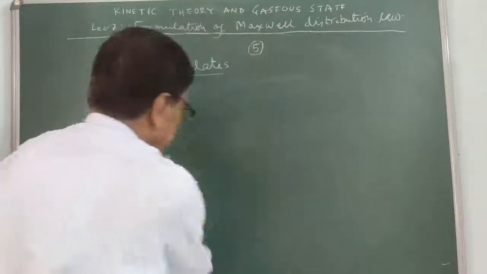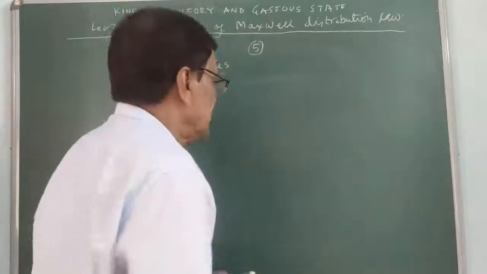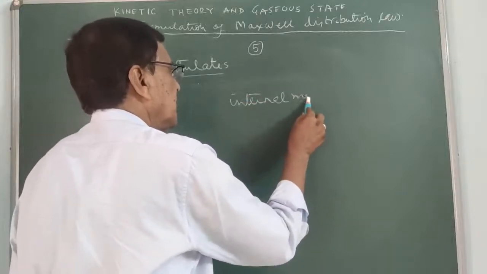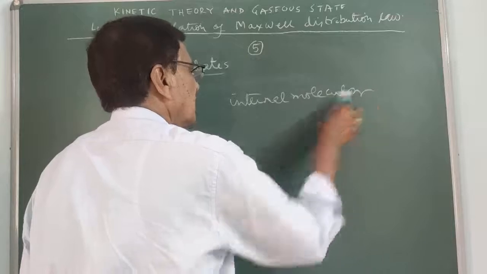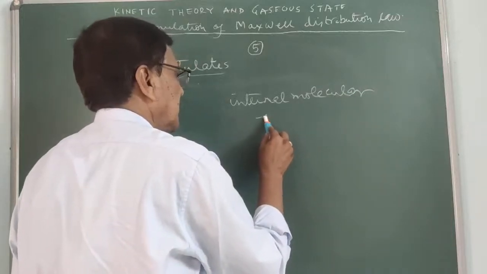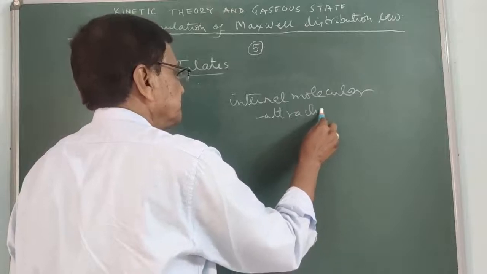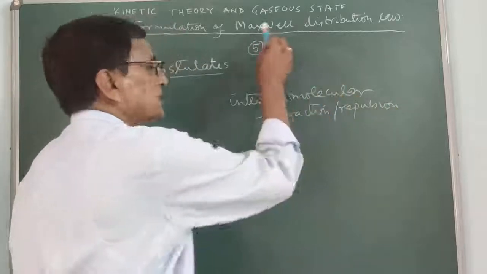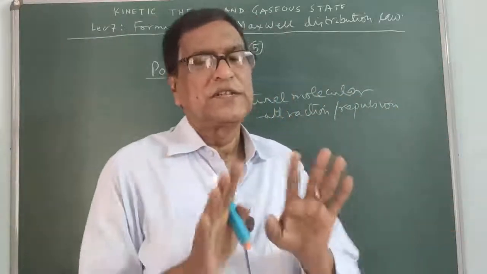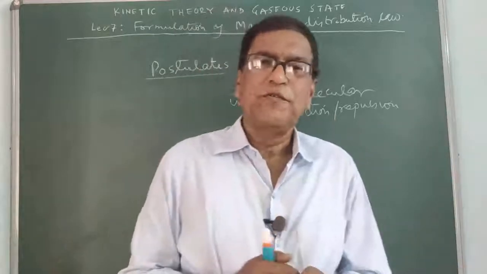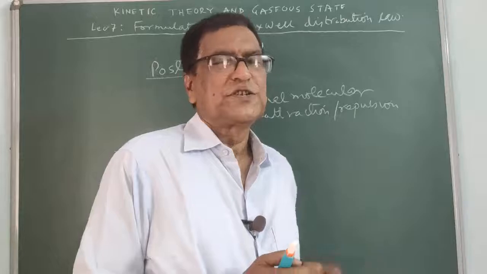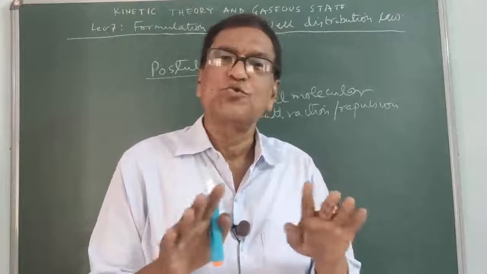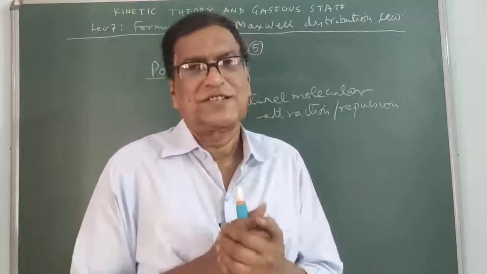Whenever the molecules have intermolecular attraction or repulsion, then this law is not applicable. This law is not valid. So for a real gas, Maxwell distribution law is not valid. It is valid only for an ideal gas in which there are no intermolecular attractions or repulsions.